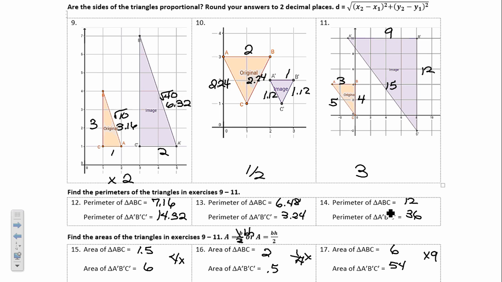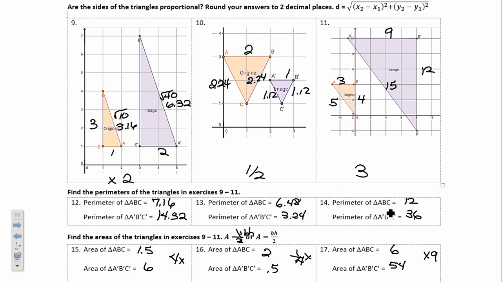What would I have to do to 2 to make it 4? Times it by 2. What do I have to do to 1/2 to get it to 1/4? Divide by 2 or times it by a half, right? And what would I have to do to 3 to make 9? Multiply by 3, right? 3 times 3 gets me 9.